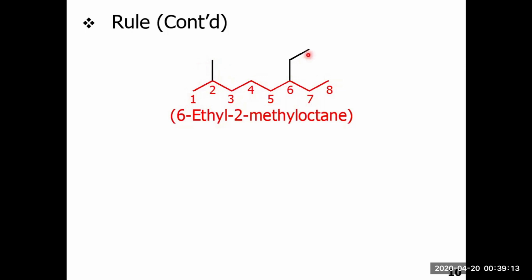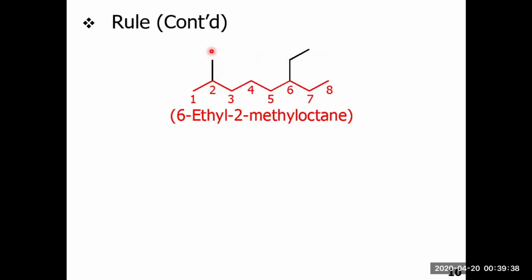So we have to identify what these branches, or rather these alkyl groups, are. At carbon number 2 we have a CH3. I hope you know why this one is CH3. And then on carbon 6 we have a CH2, a CH3. So this is an ethyl group and this is a methyl group.